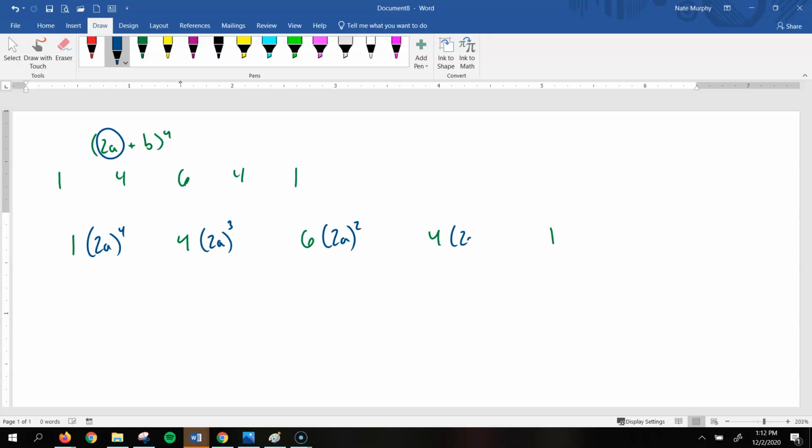Remember, the 2a value is going to go in descending order, meaning it's going to get smaller from one term to the next. The b value, the second value here, is going to get larger from one term to the next. Technically we don't need to put this in parentheses, but just to be consistent with other ones that we've done, I'll put parentheses there.